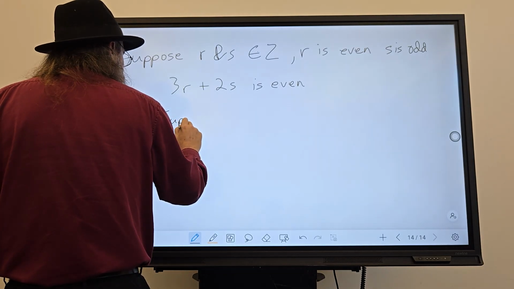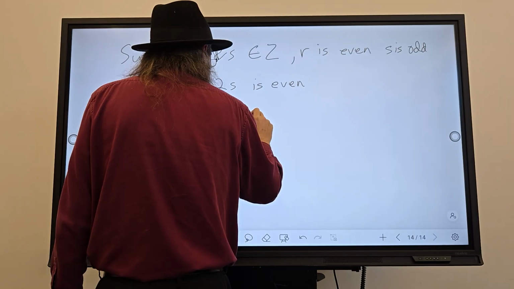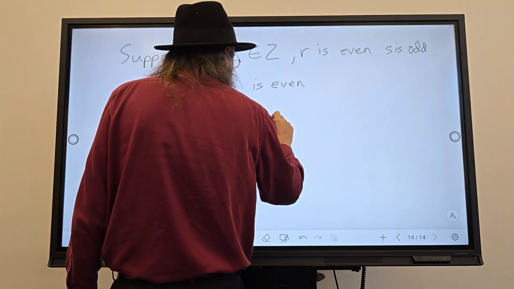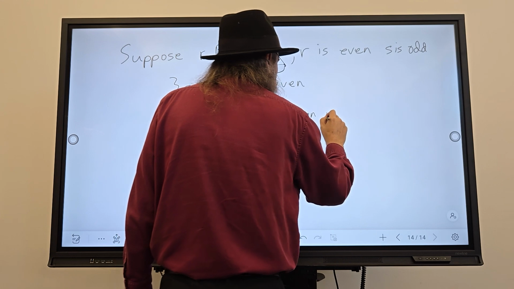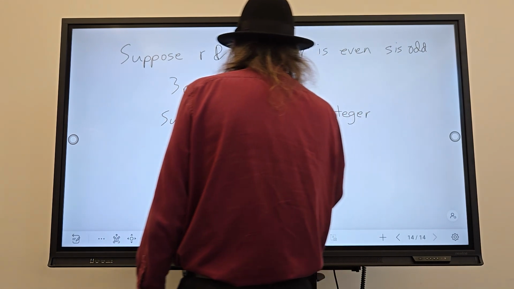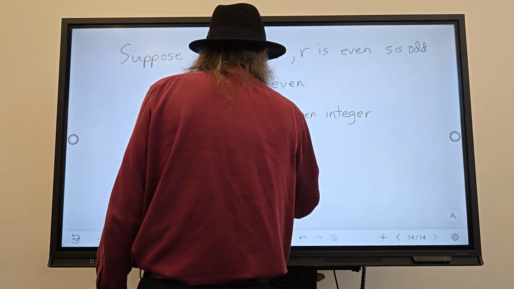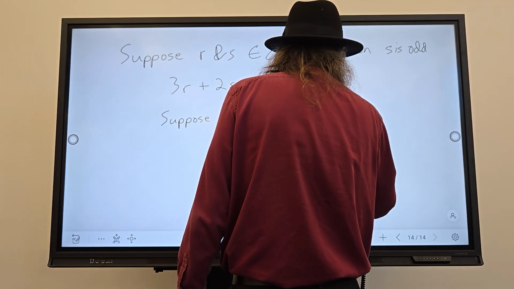Suppose R is even, and S is an odd integer.